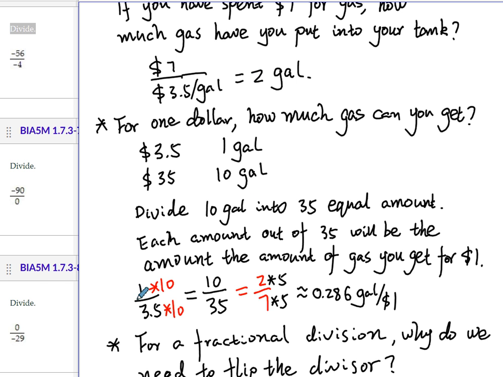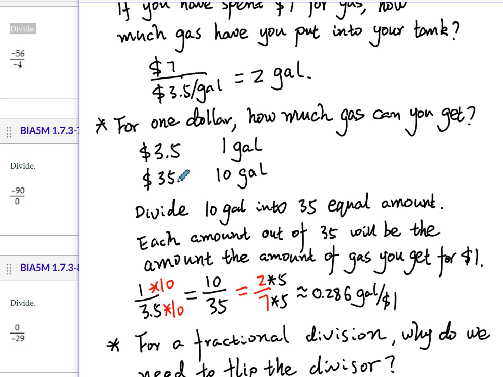But here for 1 unit, for the big number 3.5, how many 3.5 does 1 unit contain? Of course, the number should be less than 1, 0.286. So with $1 you cannot get a gallon. You get less than, close to a quarter of a gallon.